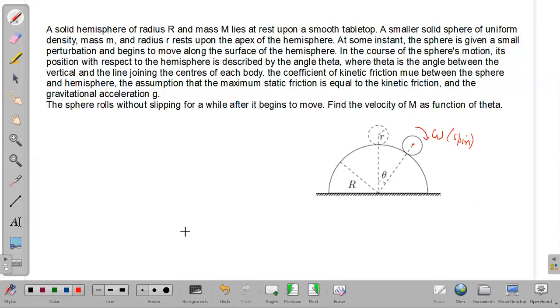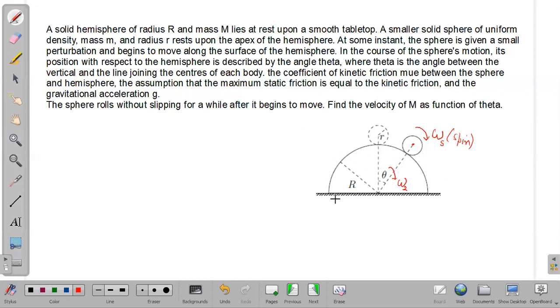Further, the radius vector joining the center of the hemisphere to the center of the small sphere is also rotating with time. I assume the angular velocity of this radius vector as omega 2, and I call the spin of the sphere omega s.